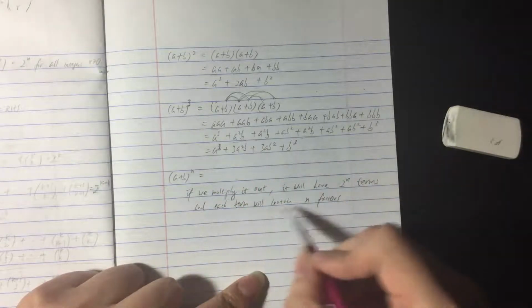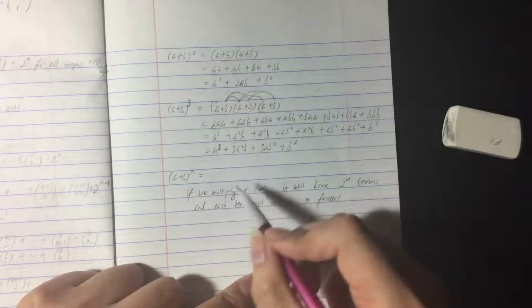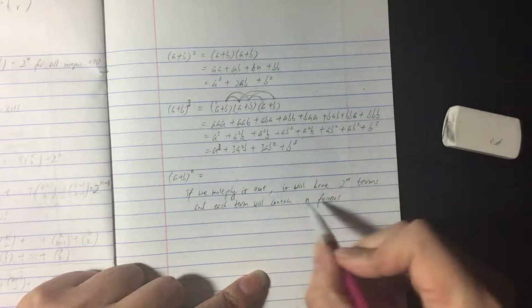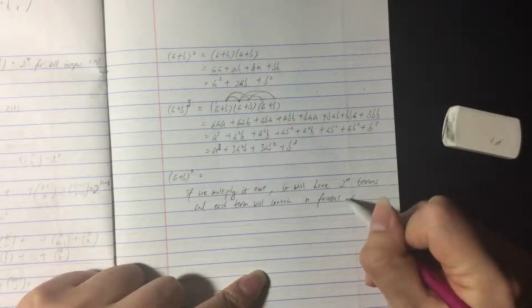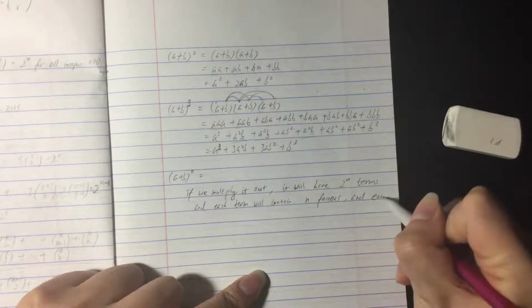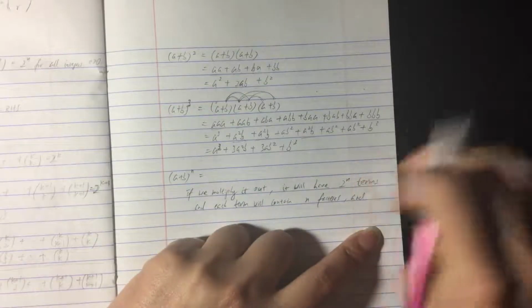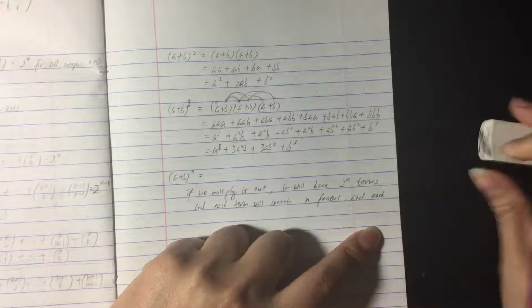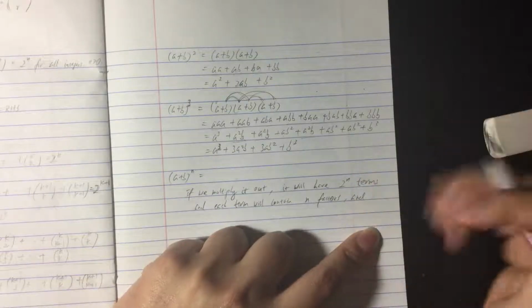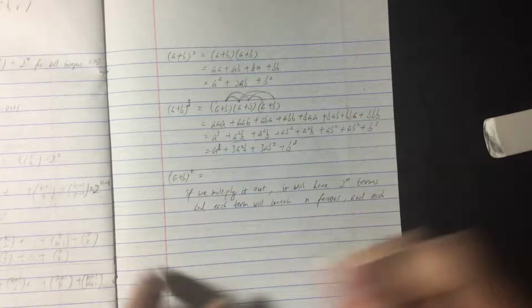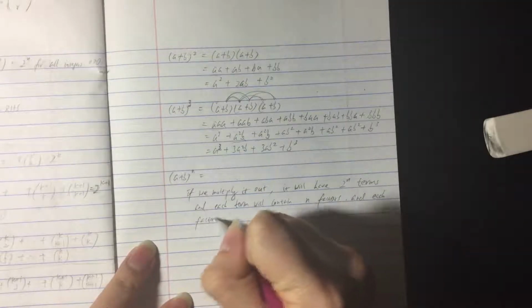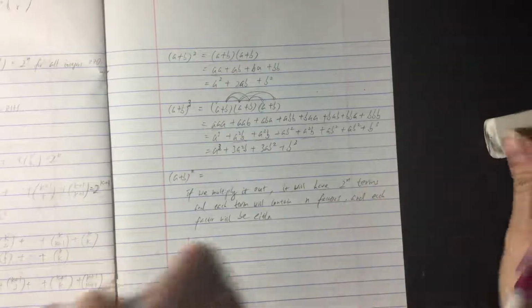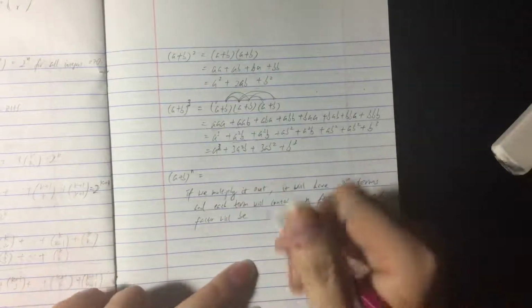For (a + b)^n, if I multiply out, you have 2 to the power n terms, and each term will contain n factors. Each factor will be either a or b.